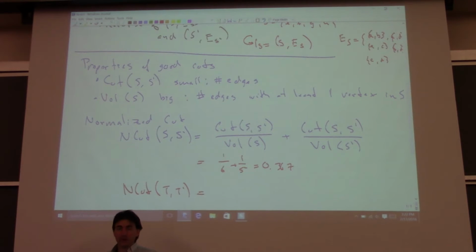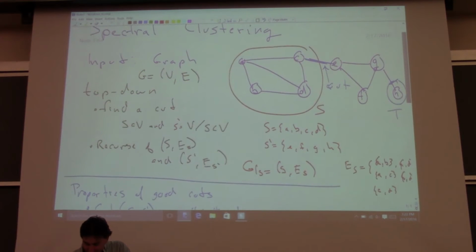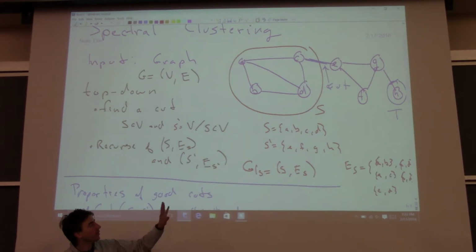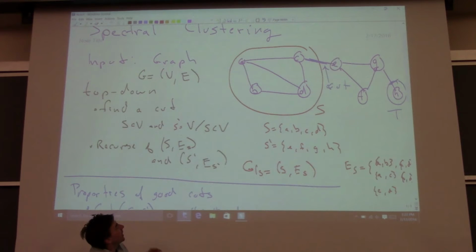Let's do this instead for the normalized cut of T and T prime. Again, the size of the cut is going to be 1. Now it's symmetric whether I use T or T prime. The cut of T is going to be 1. The volume of T is going to be 1, since there's only one edge that goes from H to G in the set T. And how many edges on the other side?